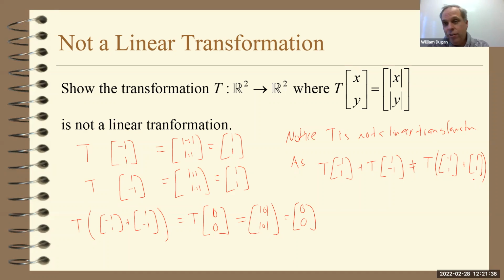Once you know it's not linear, almost always just pick almost any two vectors and take T of the first vector, T of the second vector, take T of their sum, and I bet you'll find that they're not equal in the end. That the sum of the images of the two vectors under T is not equal to the image of the sum of the vectors. And I believe that's enough for that portion.